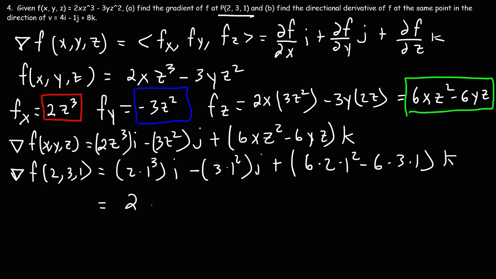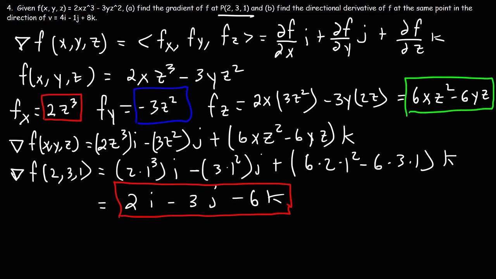So that's going to be 2i minus 3j. 6 times 2 is 12, minus 6 times 3, which is negative 18. 12 minus 18 is negative 6. So we get minus 6k. So this is the value of the gradient vector at this point. So that's it for part A.